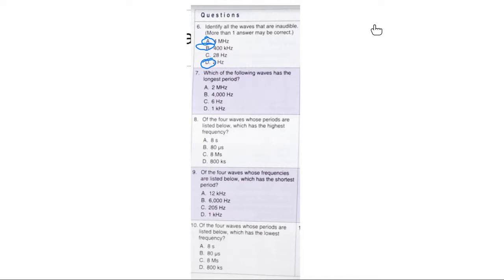Just waiting on a tiebreaker. Okay. If it's still tied, just circle both, and we'll see if either one of them is right.